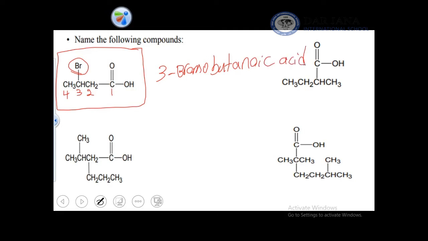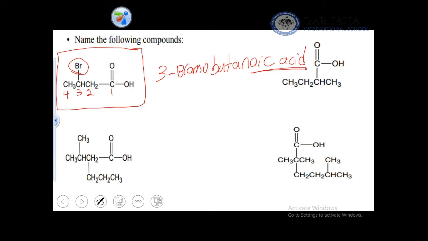I dropped the E from butane and replaced it with -oic acid, this suffix at the end. So the name of this carboxylic acid is 3-bromobutanoic acid.